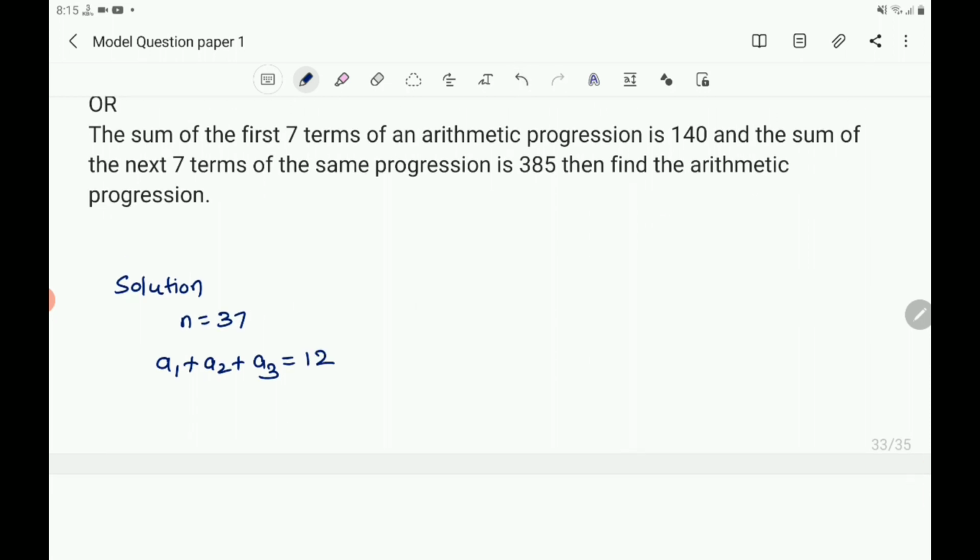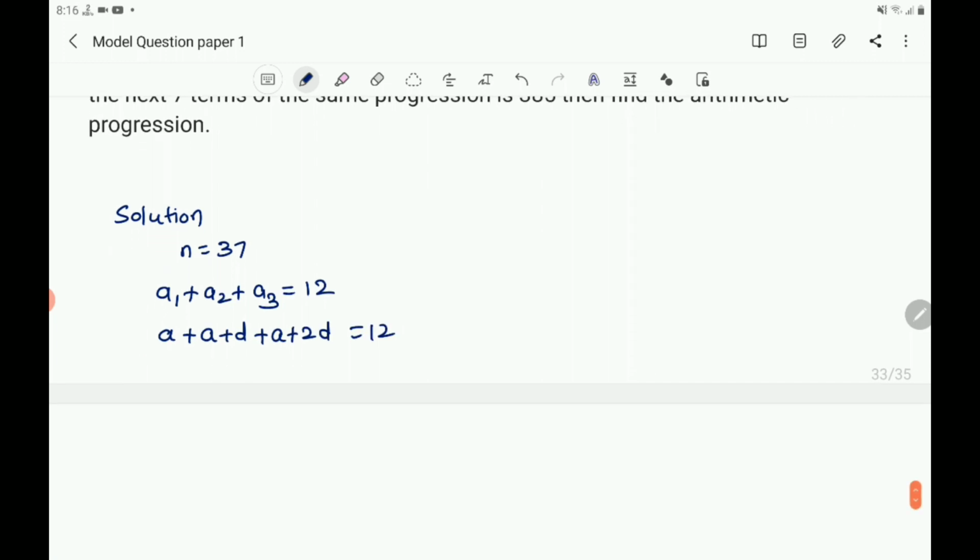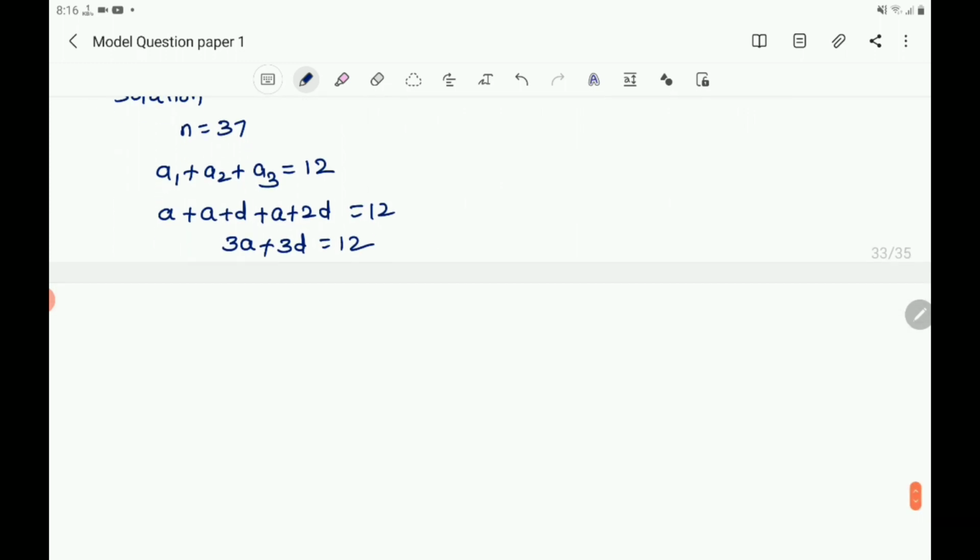And you know that a1 means a, a2 is a plus d, a3 is a plus 2d, equals 12. Then it becomes a plus a plus a is 3a and d plus 2d is 3d equals 12. Then you take 3 common: 3 into a plus d equals 12. Then you can cancel: 3 ones are 3, 3 fours are 12. You got that a plus d equals 4.